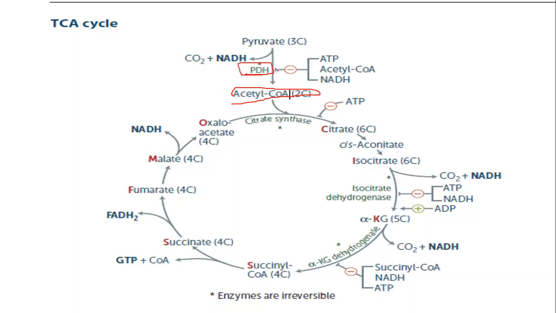Anyways, pyruvate is converted into acetyl-CoA, and then this acetyl-CoA combines with oxaloacetate, and this results in the formation of citrate, and the enzyme is citrate synthase.